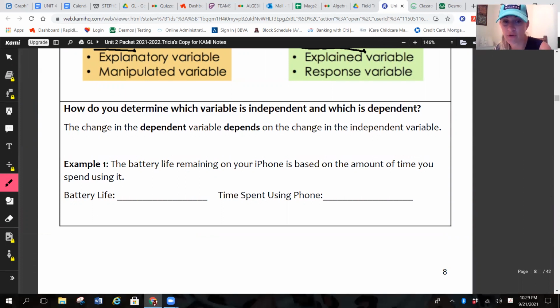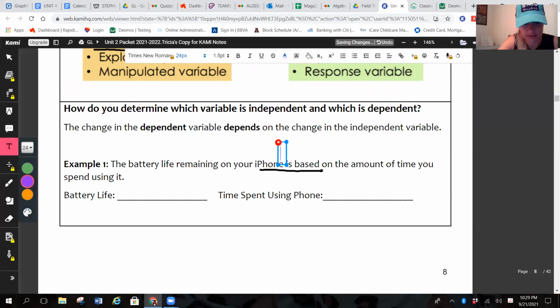Example, the battery life remaining on your iPhone is based on the amount of time you spend using it. So the battery life remaining on your iPhone is based on, another way to say is based on is depends on the amount of time you spend using it.